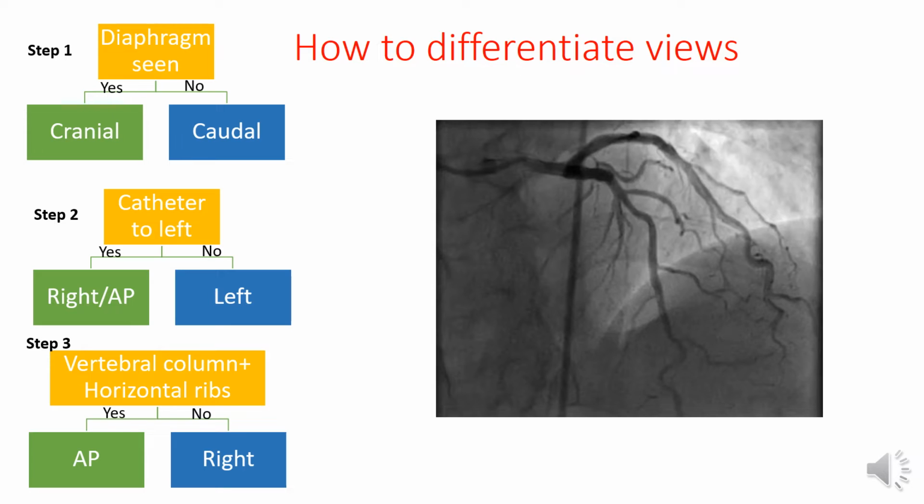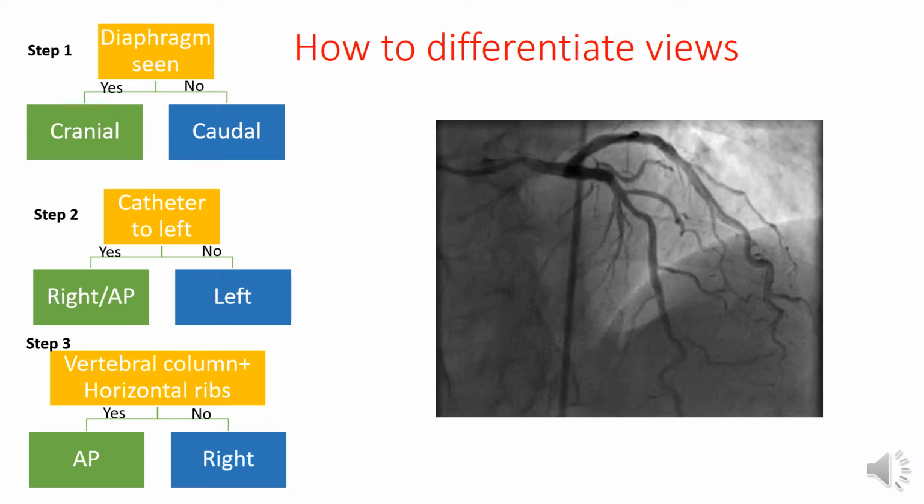When we are seeing just the ribs and their direction is oblique, this is a right view. So as in this picture, when we apply these rules, we have the diaphragm, so we are cranial, the catheter on the left side, so we are right or epicranial view.